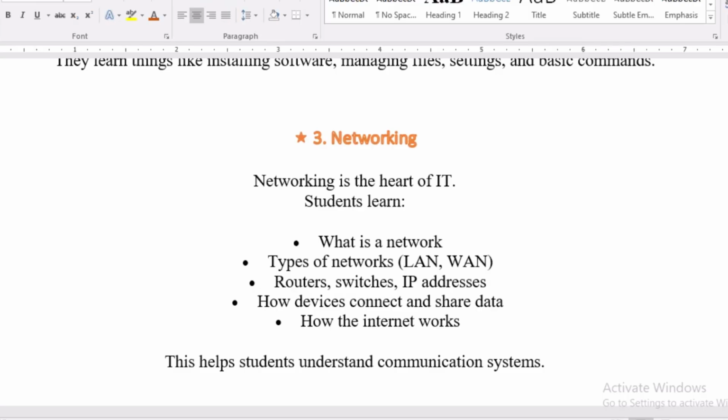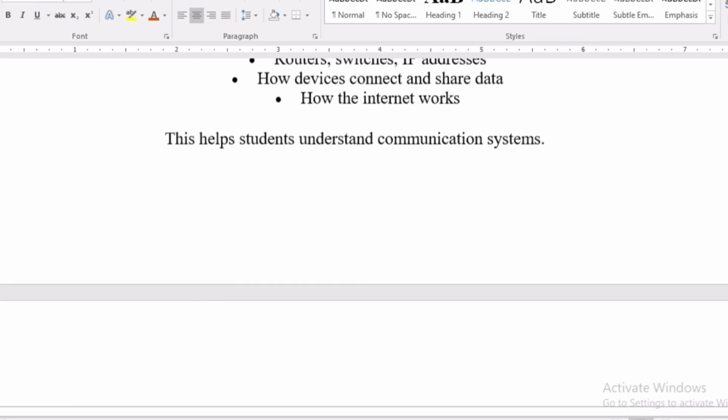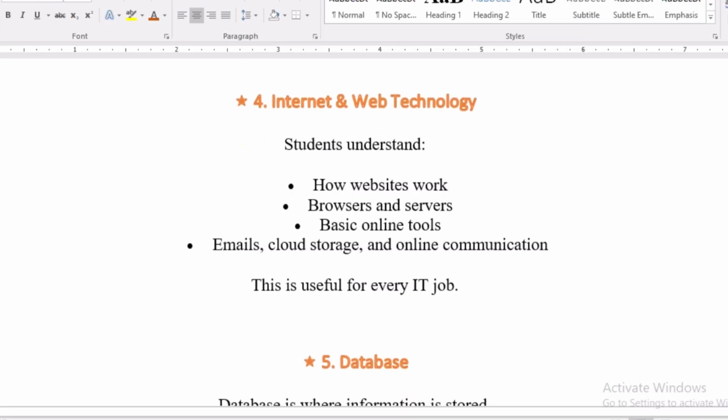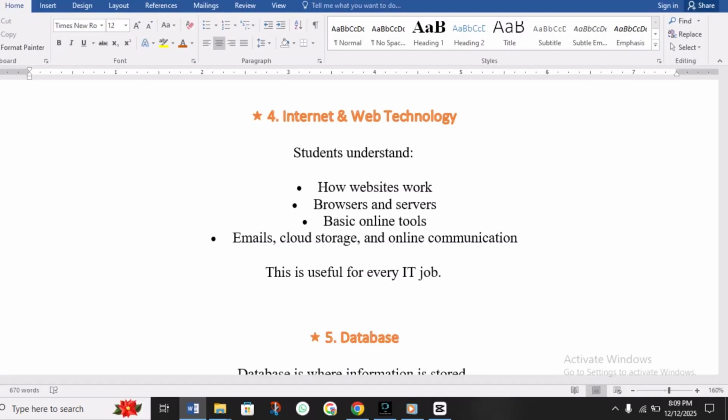This helps students understand communication systems. Internet and web technologies. Students understand how websites work, browsers, servers, basic online tools, email, cloud storage, and online communication. This is useful for every job.